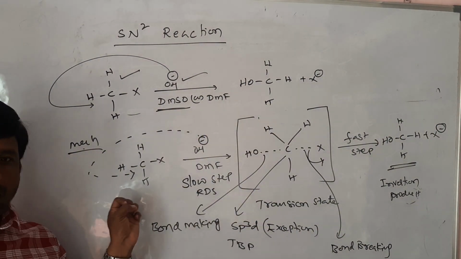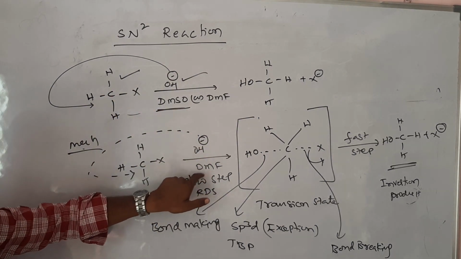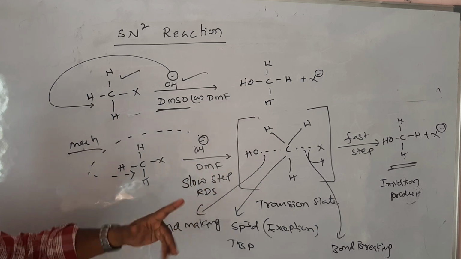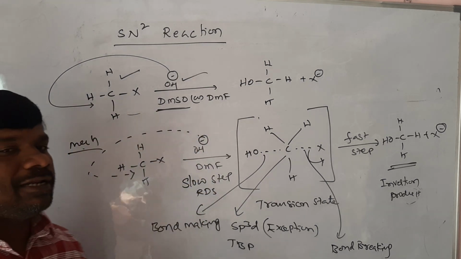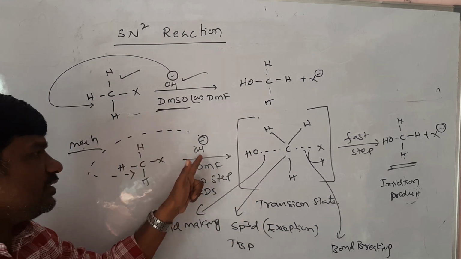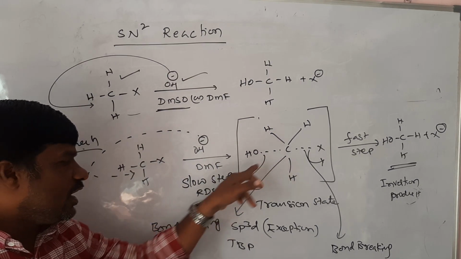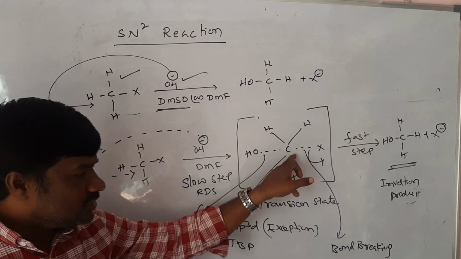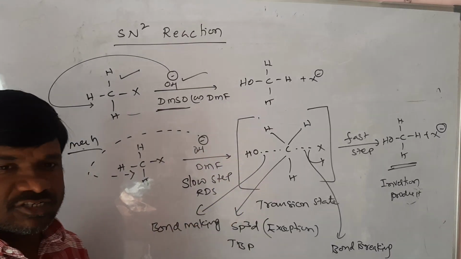First we take the alkyl halide, which is treated with the base in the presence of a solvent like DMSO or DMF. Then OH minus attacks the completely backside of the halogen, because in an SN2 reaction the nucleophile attacks from the complete backside. Here one dotted line shows bond making and the other shows bond breaking. So this is a transition state.